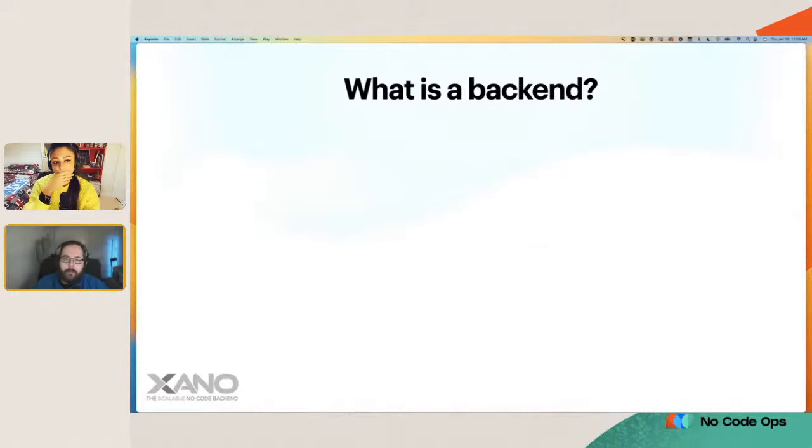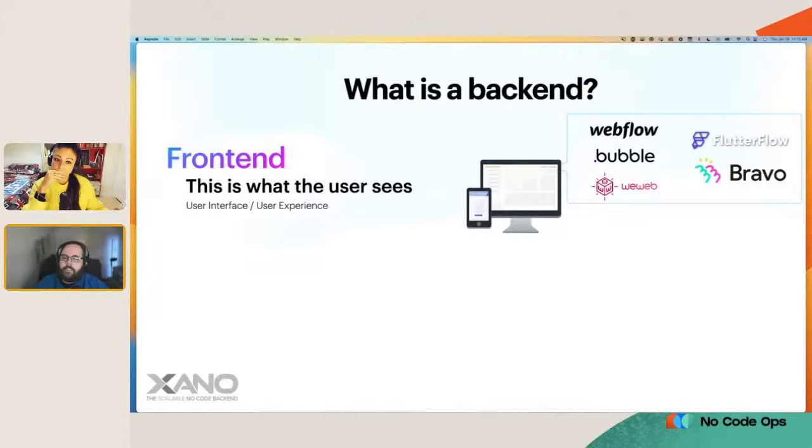With that, we should probably talk about what actually is a backend. When you think about your website or your application, you can split it up into two sections. The first section is your front end. This is the user interface and the user experience. This is what the user actually sees when visiting your website or application.